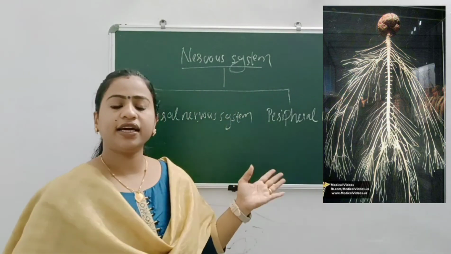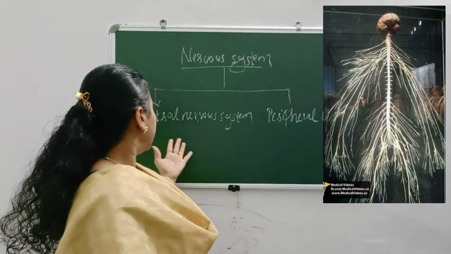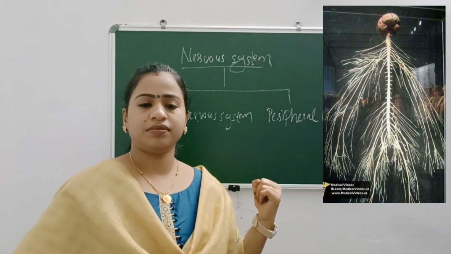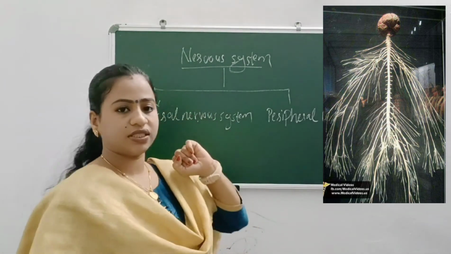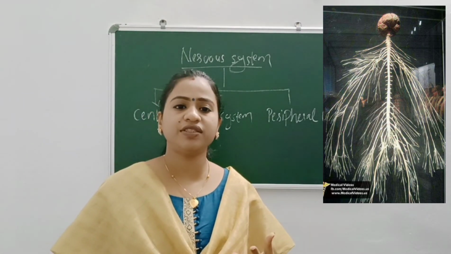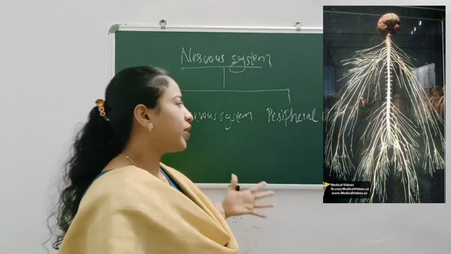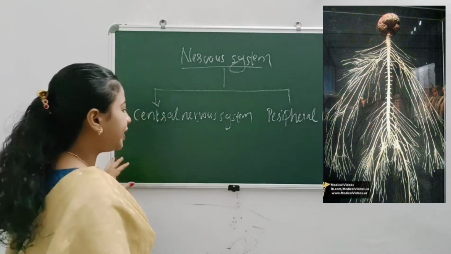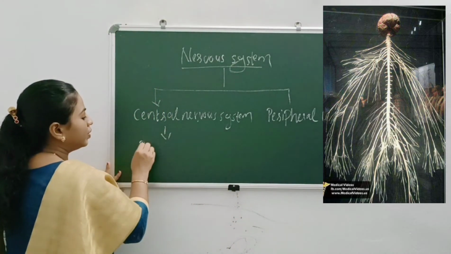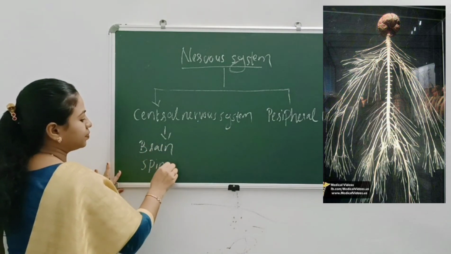The central nervous system consists of the main parts of the nervous system. Which are the main parts of the nervous system? The brain and spinal cord. That means the central nervous system includes the brain and spinal cord.